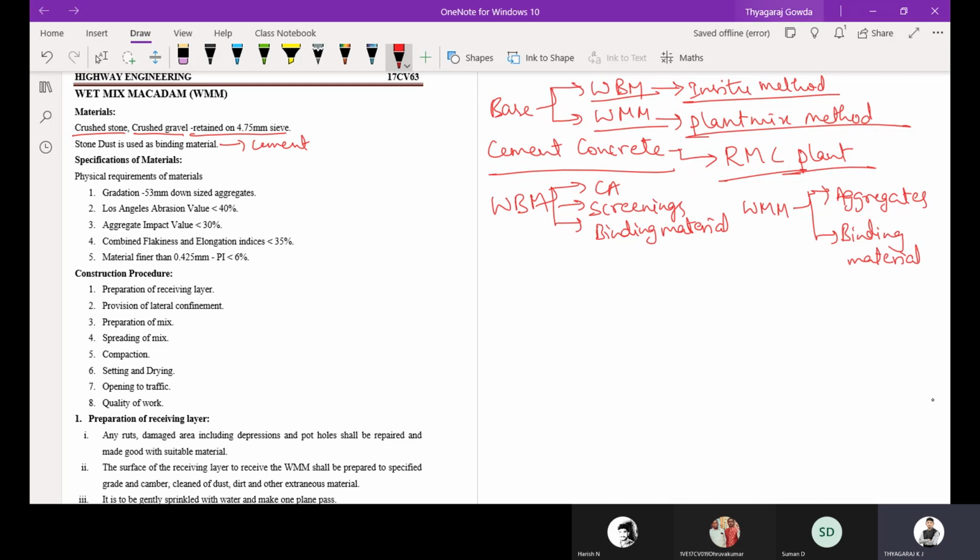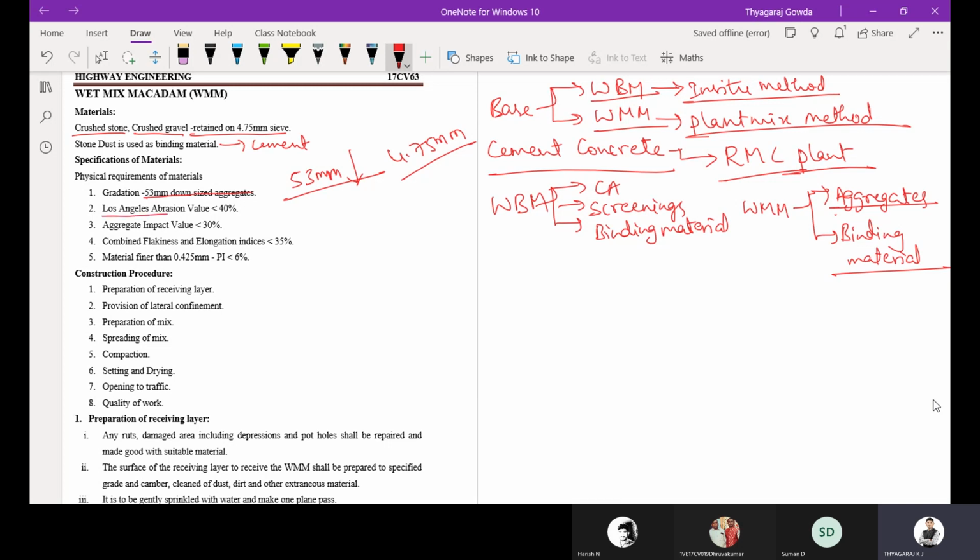What are the requirements of these materials, whether aggregates or binding material? The gradation is 53 mm and downsize: aggregates passing 53 mm and retained on 4.75 mm can be used for wet mix macadam.